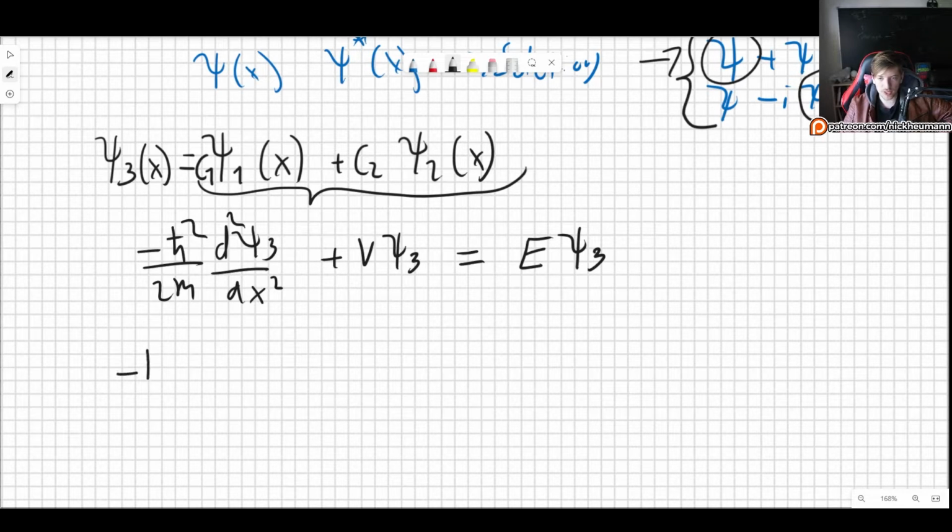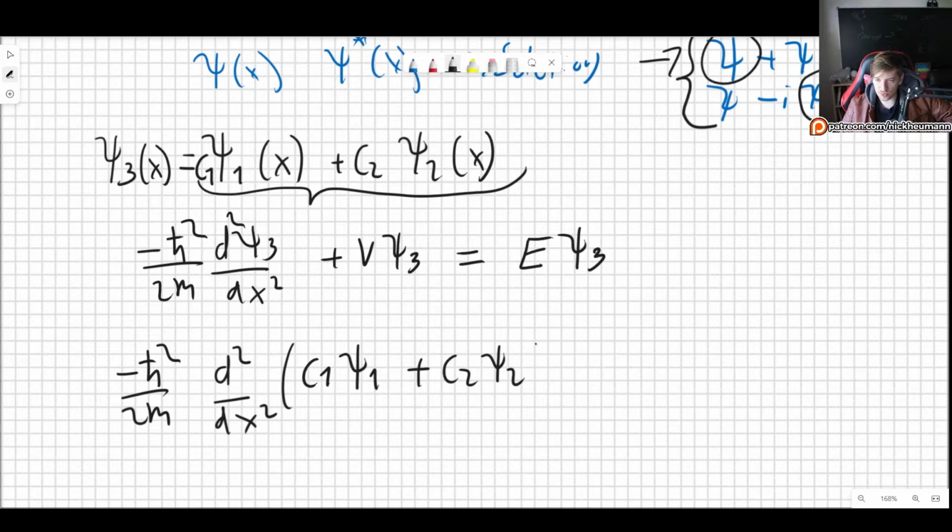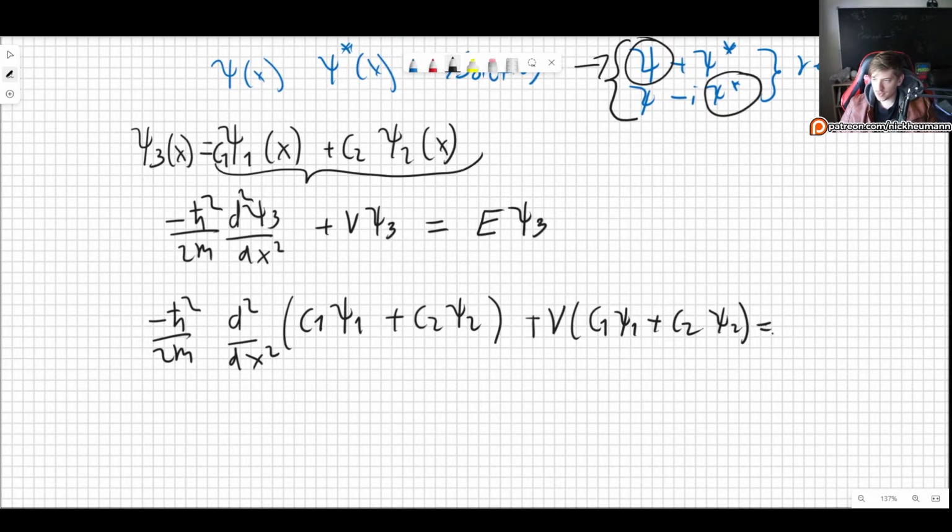So we get minus h bar squared over 2m, then the second derivative with respect to x squared of c1 psi 1 plus c2 psi 2, I'm not going to write of x because I'm lazy, plus the potential times c1 psi 1 plus c2 psi 2. This is equal to the energy times c1 psi 1 plus c2 psi 2.